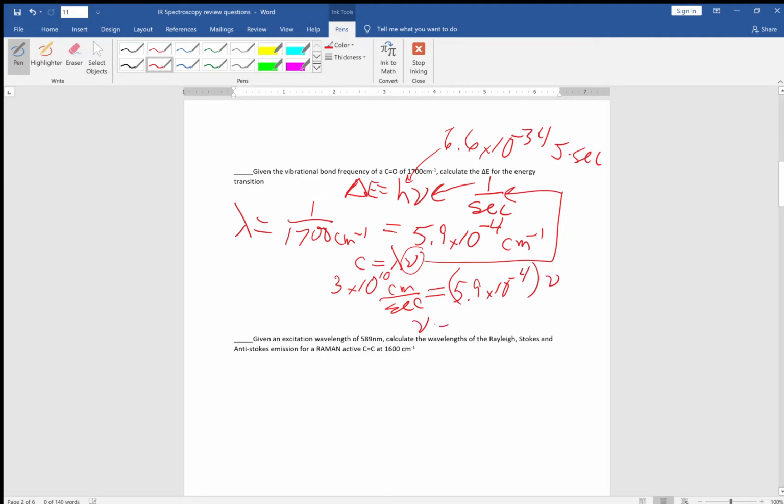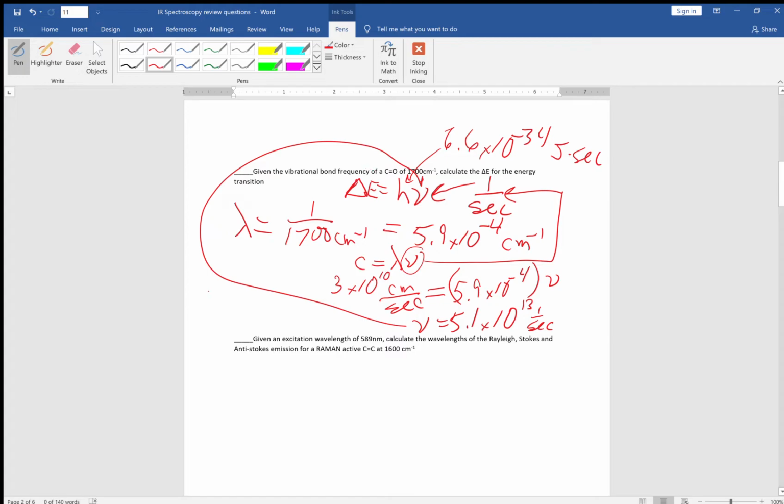That means that frequency is equal to 5.1 times 10 to the 13th, 1 over second. Now that I have that frequency, I can multiply that by Planck's constant and get to delta E.